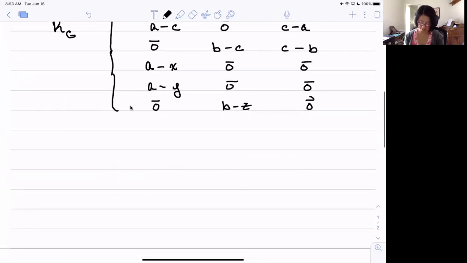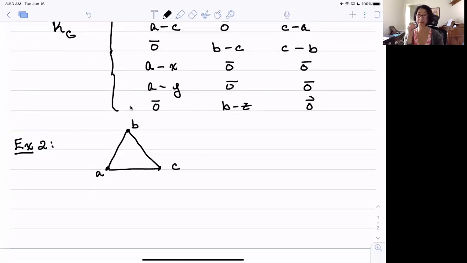The other example I want to show you, example 2, is where I take a different tie-down configuration. Instead of distributing the tie-downs 2 at one vertex and 1 at another, I'm going to put 1 tie-down bar at each vertex.